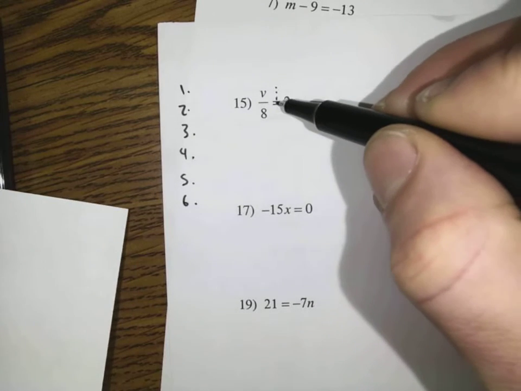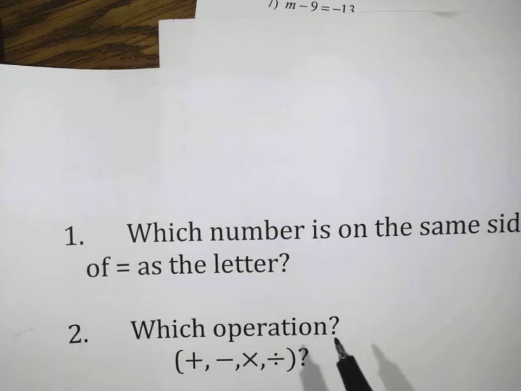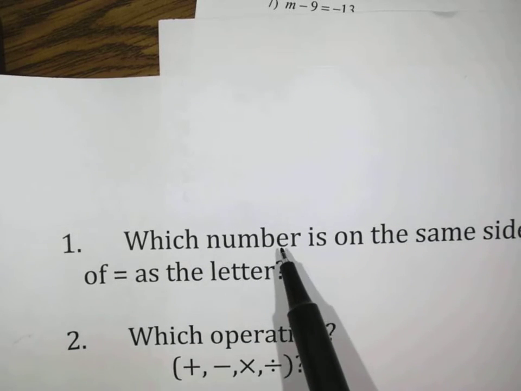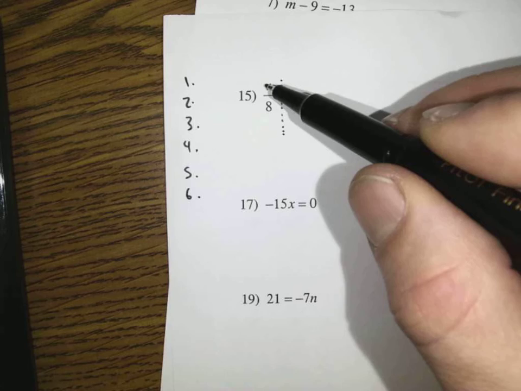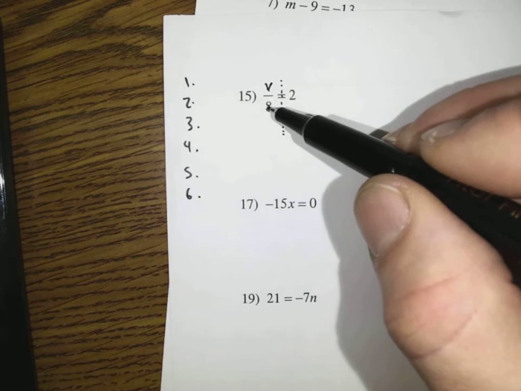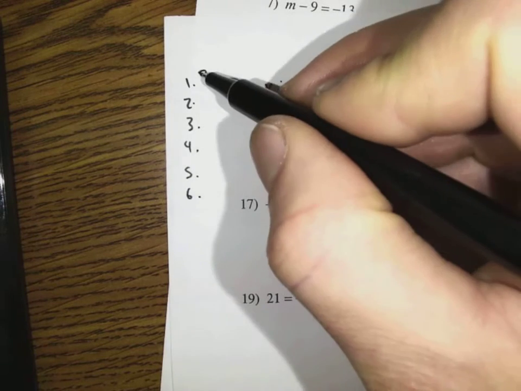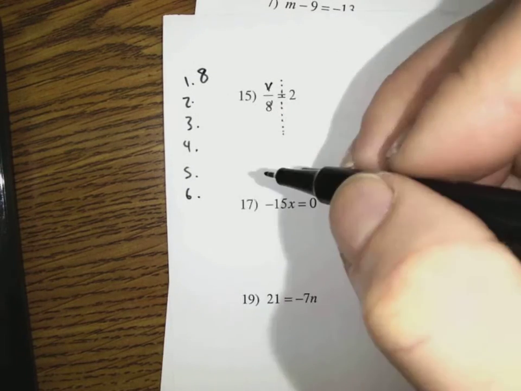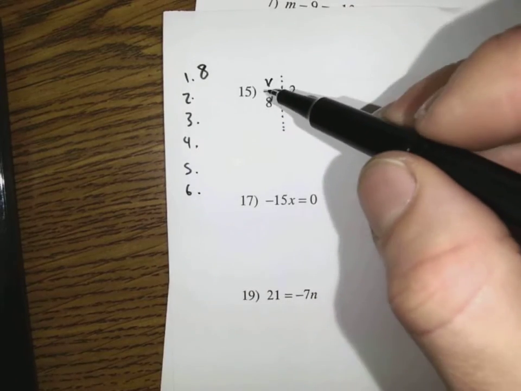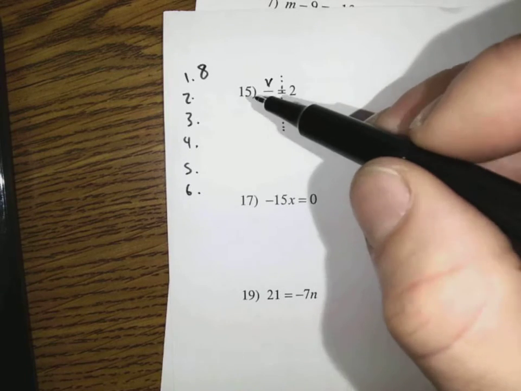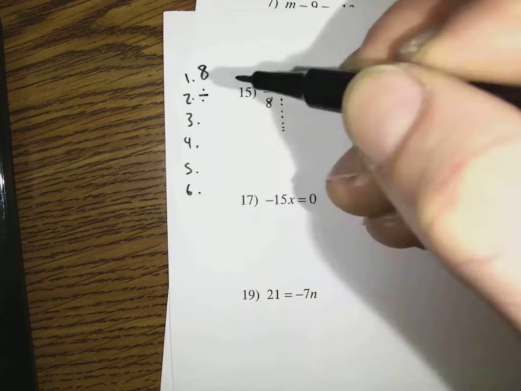If this is our equal sign here, our letter is V, and the number on the same side is the number 8. And then the next question we ask is, which operation is happening here? And this is a division. It says V divided by 8, so it is a division question.